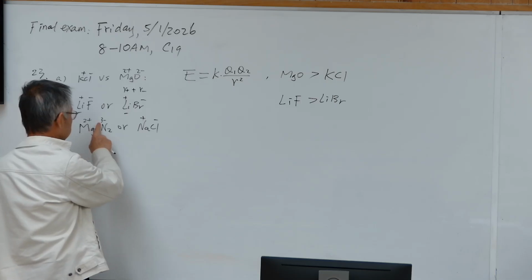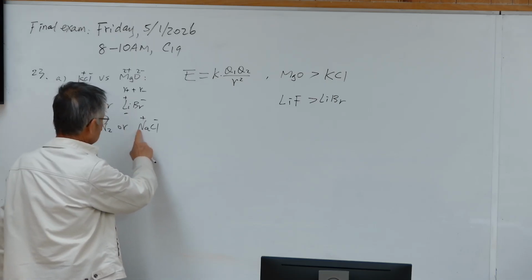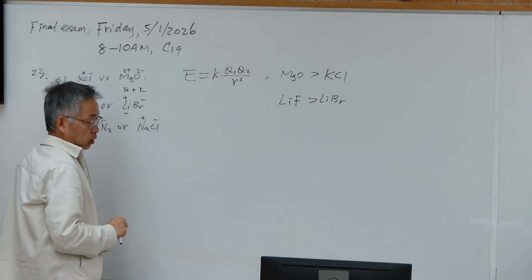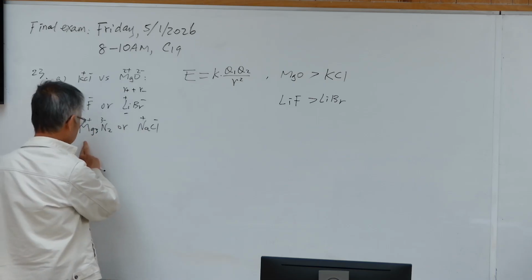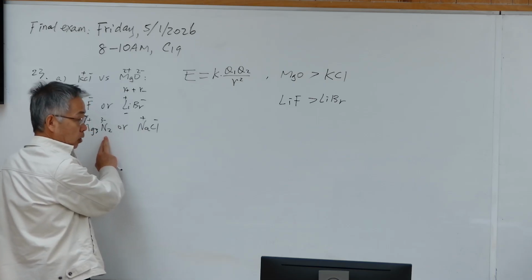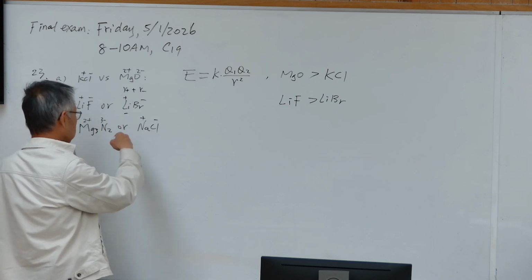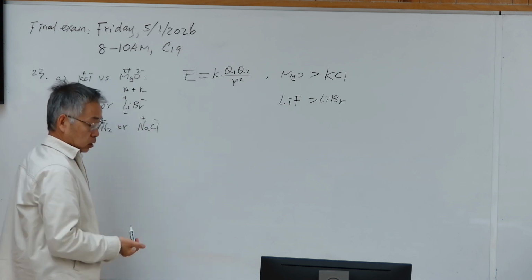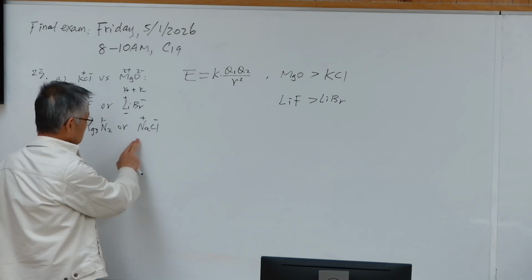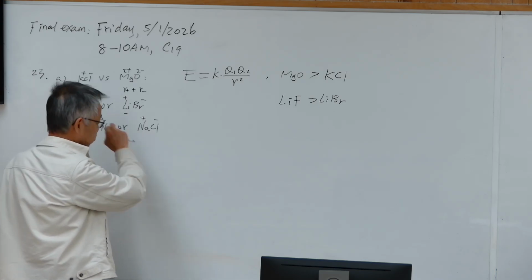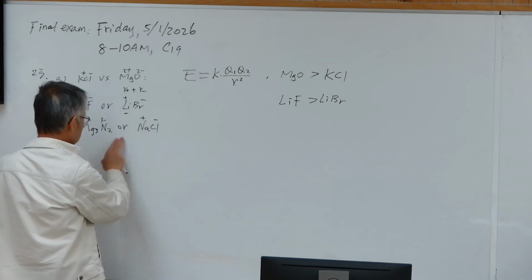This is 2 times 3, and this is 1 times 1. Of course, in any compound the cation has positive charge and the anion negative charge, so we don't care about the negative sign. We consider the absolute value. So 2 times 3 is 6, and 1 times 1 is 1. So this is much greater.